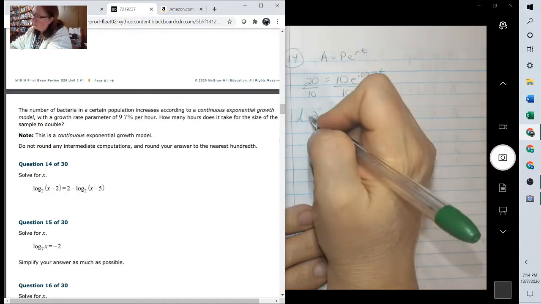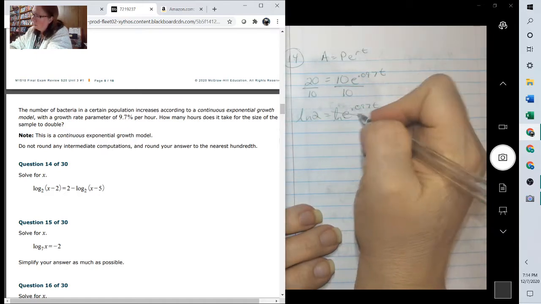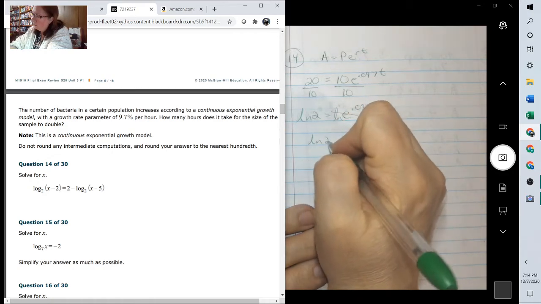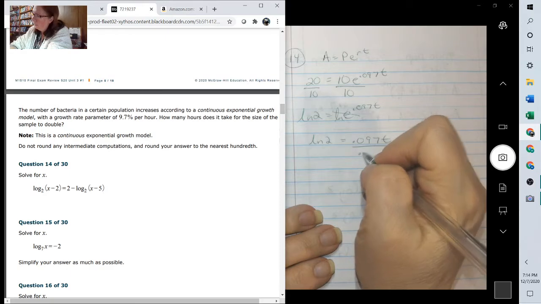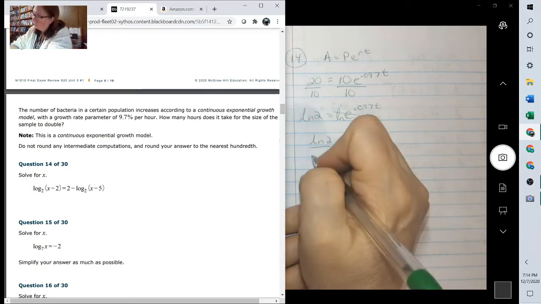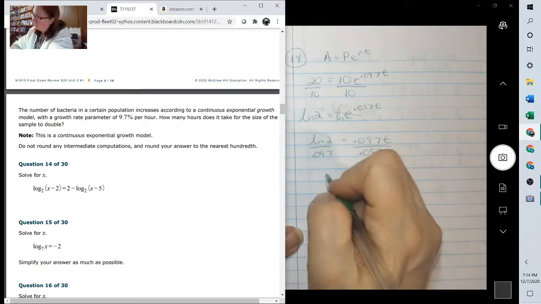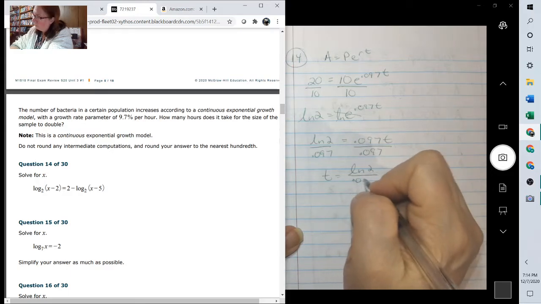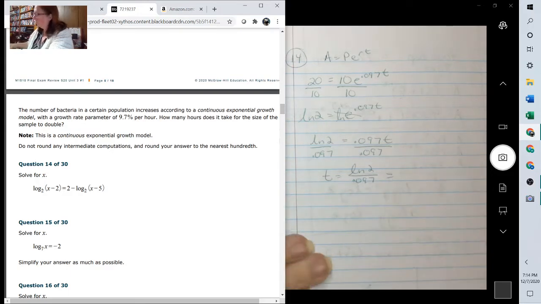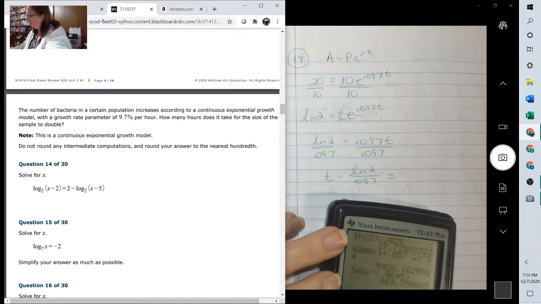Take the natural log of both sides because that drops. And divide by the decimal. Plug it into your calculator.